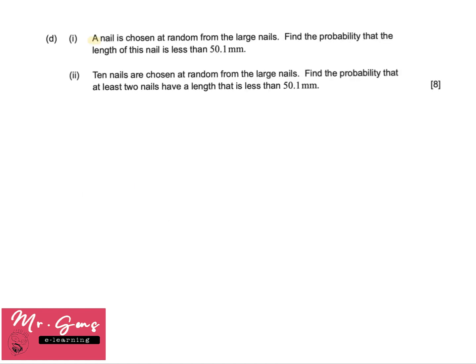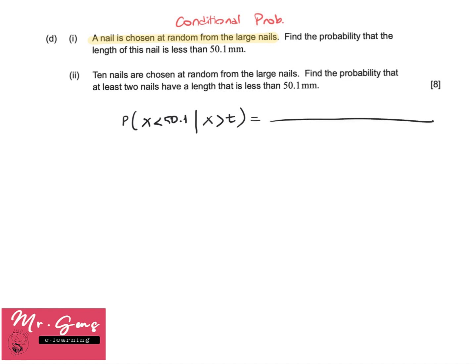Part D starts with a condition. So a nail chosen at random from enlarged nails. So it's a conditional probability question. It doesn't start with given that or if, but from the sentence we should understand it's a conditional probability. So random variable should be less than 50.1, given that it's a large nail.